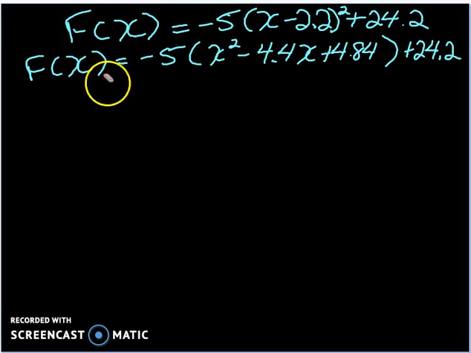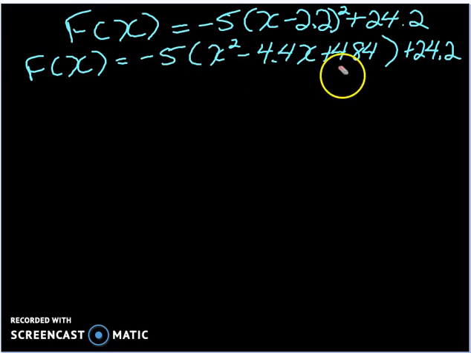That works out to give me f of x is equal to negative 5, haven't changed this, times (x squared minus 4.4x plus 4.84). If this is giving you trouble, I suggest you go back and watch the video on binomial distribution or multiplying polynomials. I then multiply by the negative 5.